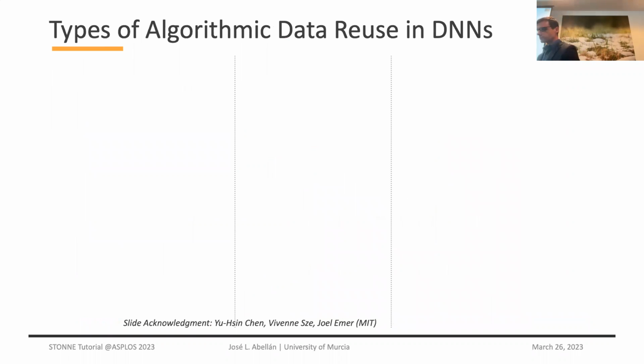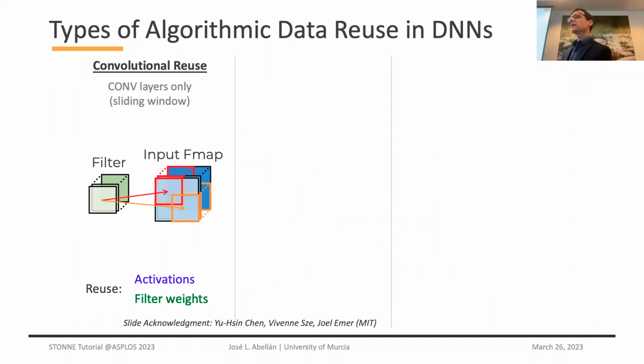So I mentioned that we need to exploit the data. We need to optimize and use as much data reuse as possible. If we look at the algorithm perspective of data reuse, we can think about the typical DNN layers in contemporary DNN workloads, for example, convolutional layers.